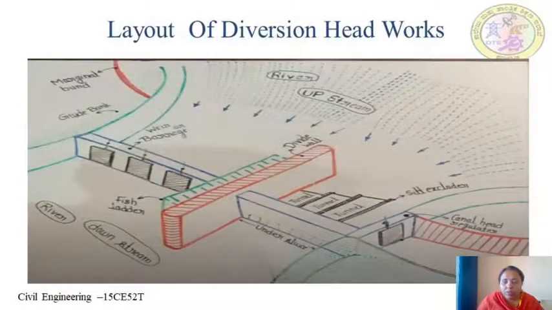You can see in this layout sketch also a divide wall is provided, which mainly divides the weir or barrage, and you can see here the approach channel.